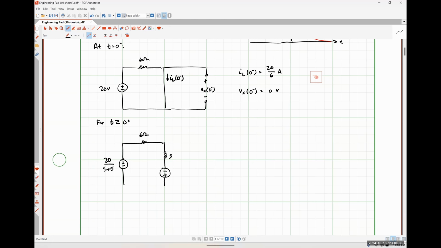I could have just as easily done impedance in parallel with a current source, but this is the one that I like because it makes the circuit look less gross. Where this value, if I'm not mistaken, is... I wish I had written it down.